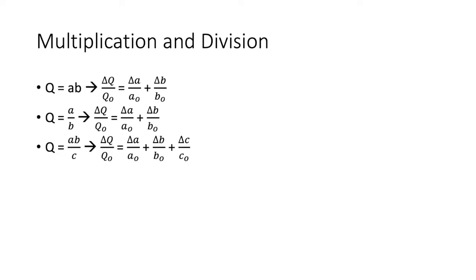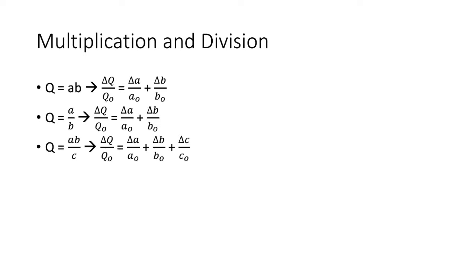Multiplication and division. I know this seems a little bit complicated, but it's actually not that hard. Let's assume Q is equal to A times B. So delta Q over Q naught is equal to delta A over A naught plus delta B over B naught.